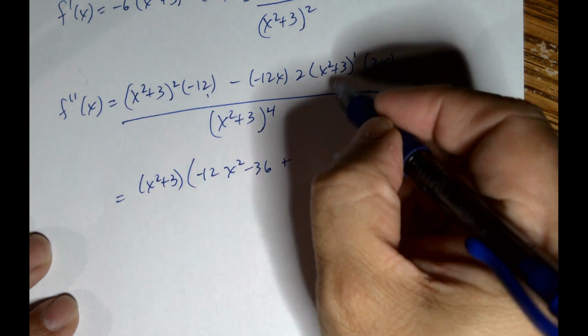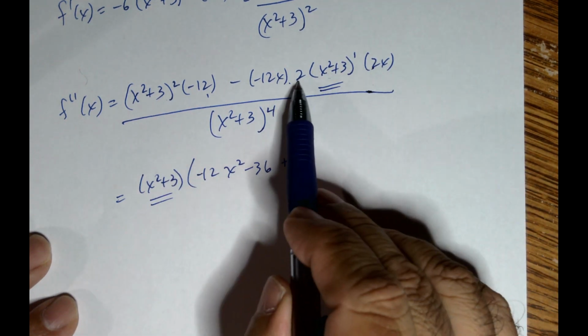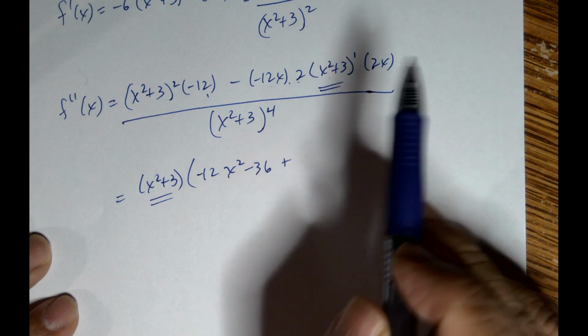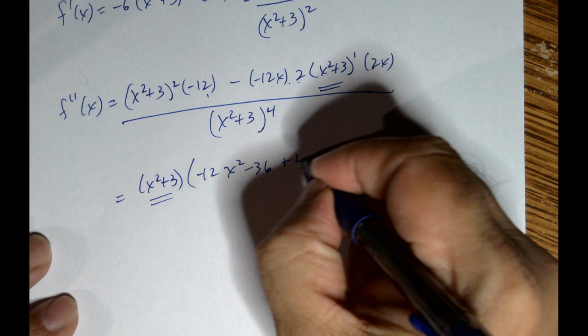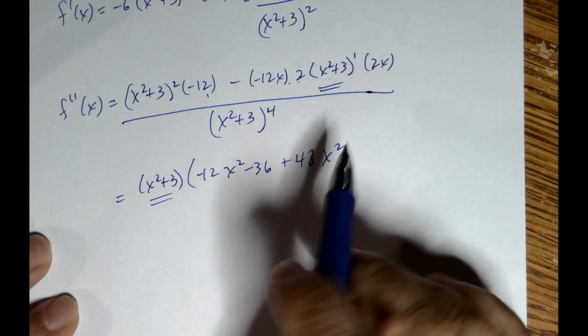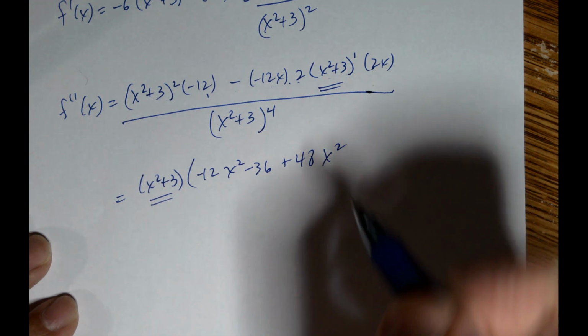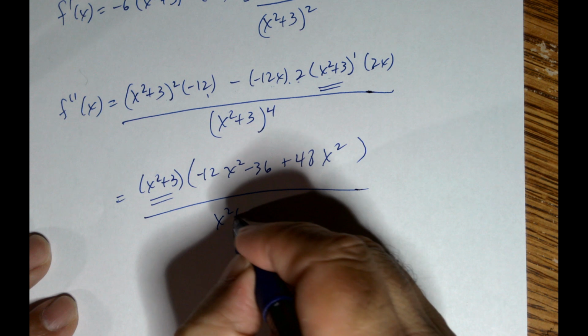Remember, I've taken out the x squared plus 3. So 2 times 2 is 4, 4 times 12 is 48. So that's a negative 48 and a positive 48, so it's positive 48x squared. And this x squared plus 3 is gone because I factored it out. There it is, over x squared plus 3 to the fourth.